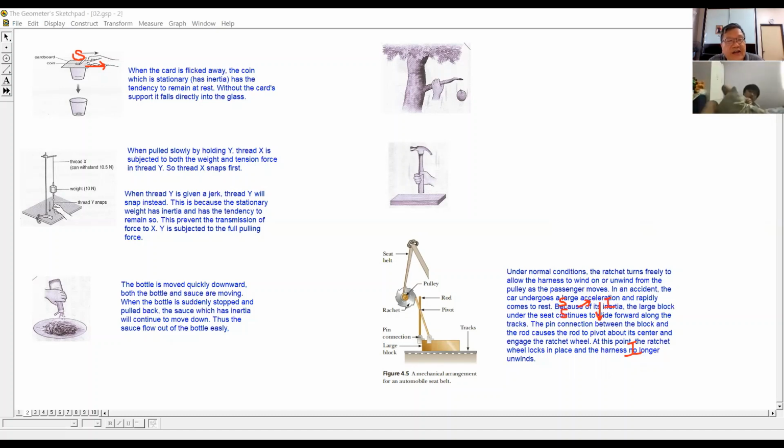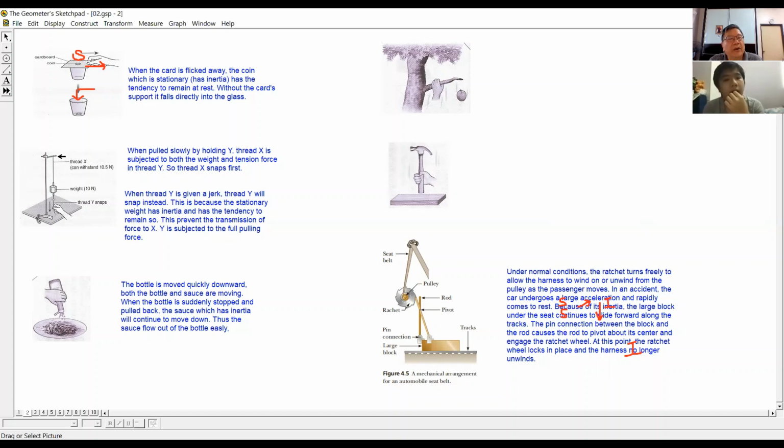So the coin has inertia, the tendency to remain stationary and not follow the cup. So when the cup is not around, the coin will not move in the direction of the cup, but it will fall vertically downwards because it has inertia.